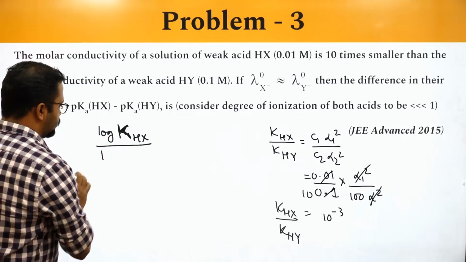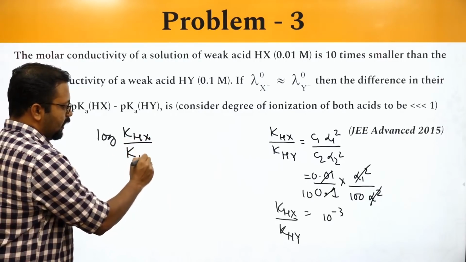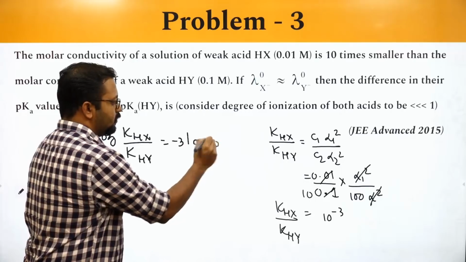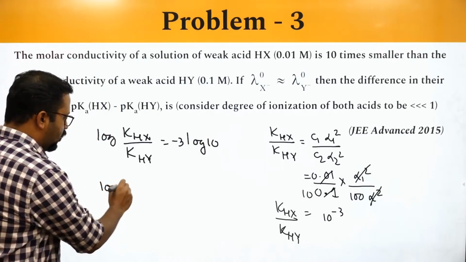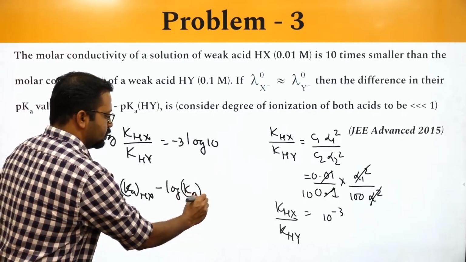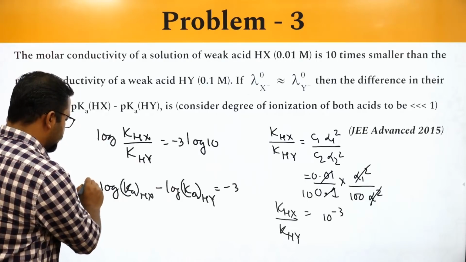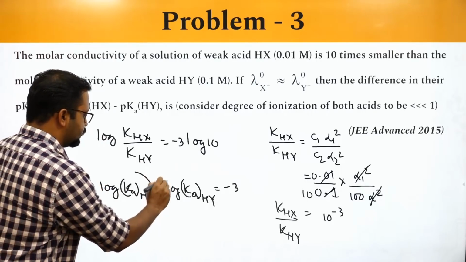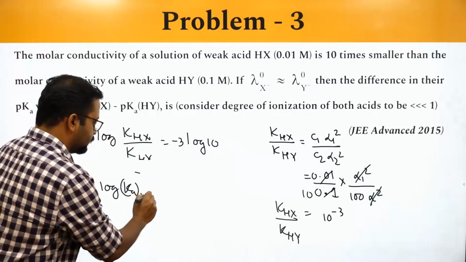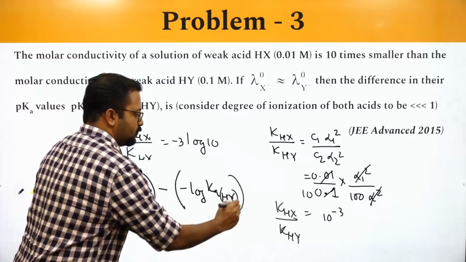Log KHX by KHY is equal to minus 3 log 10, or log Ka for Hx minus log Ka for Hy is equal to minus 3. -1 से मल्टीप्लाई कर दीजिए. सो -1 से अगर हमने मल्टीप्लाई कर दिया, सो दिस विल बिकम, सॉरी, will be equal to 3.